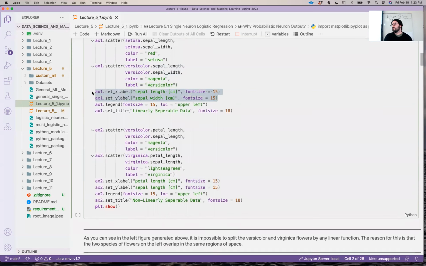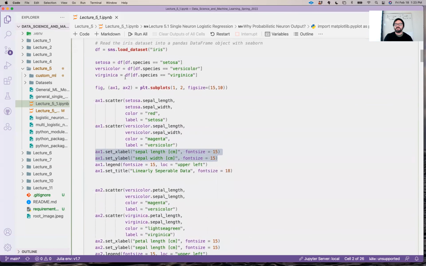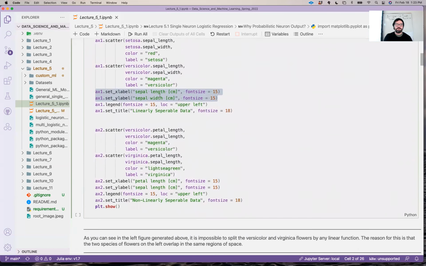I set my X and Y labels. Notice that the y label and x label methods here have a set underscore before them. That's because that is the syntax for subplots. The legend is the same. And then set underscore title, again because we're using subplots. Okay, so this is our first figure.